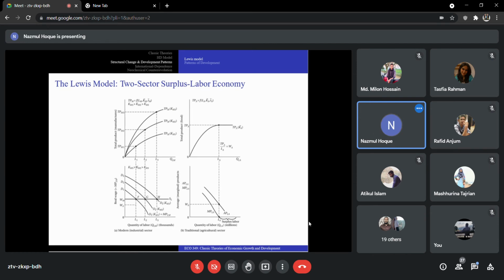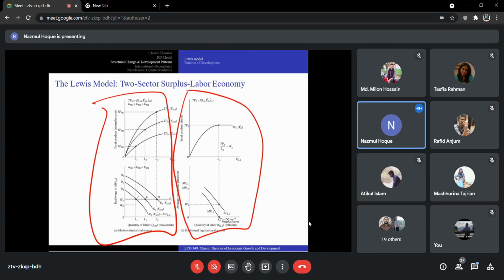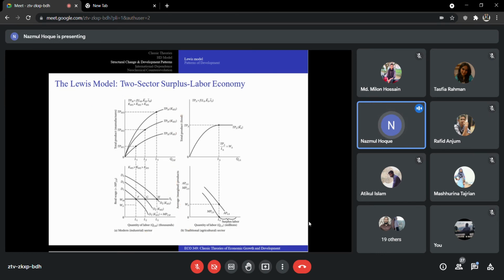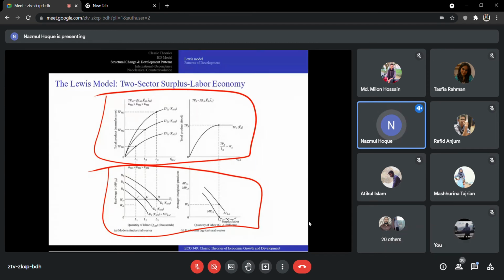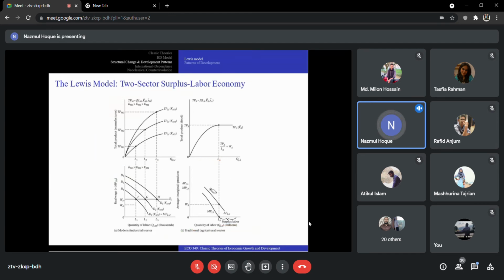Sorry about that. The upper panel represents total products, and the bottom panel represents marginal and average product curves, or labor demand and supply sort of things. The lower panel is derived from this total product function that we have in the upper panel.